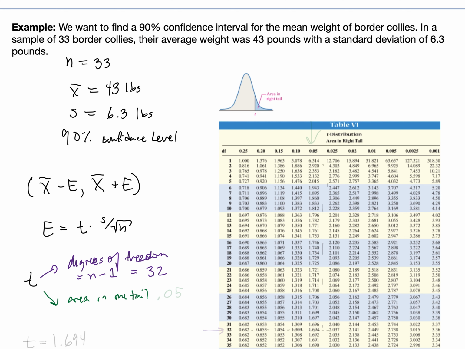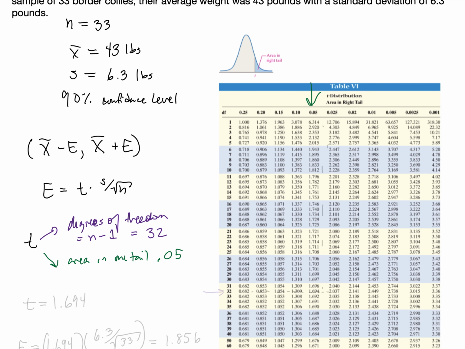That means there's 5% in each tail, or 0.05 in one tail. So we're going to be looking at the column 0.05, and the row with 32 degrees of freedom, and seeing where those match up, and they match up here at 1.694. So t is equal to 1.694.